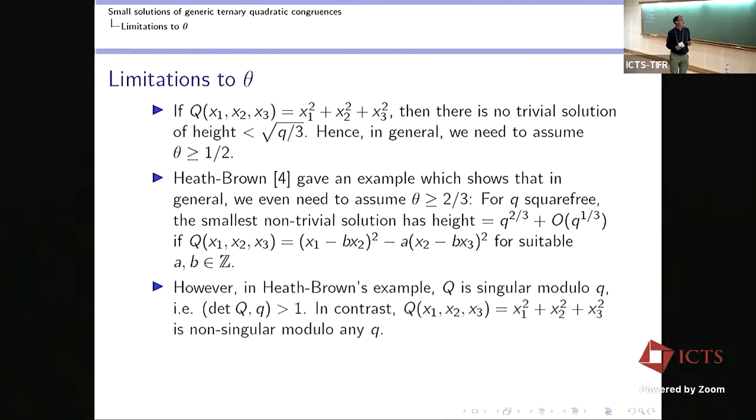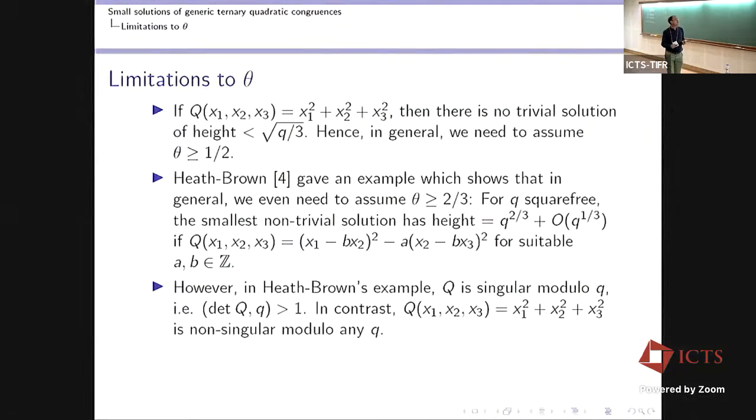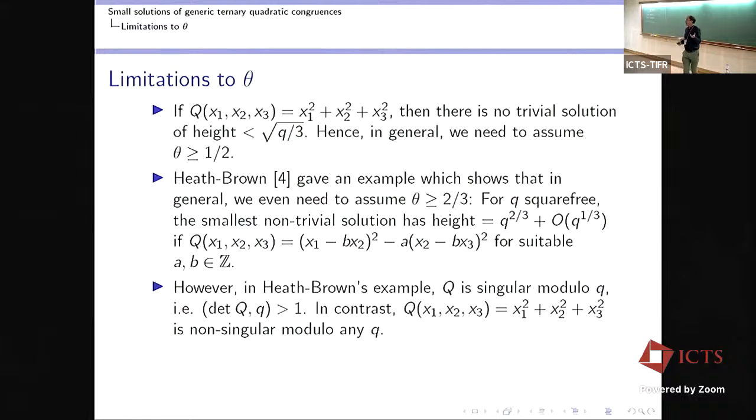However, in this example, A and B are chosen in such a way that the determinant of the matrix underlying the quadratic form is not co-prime to q. In other words, this quadratic form is singular modulo q. So therefore, it makes sense to focus on the non-singular case when the determinant is co-prime to q.